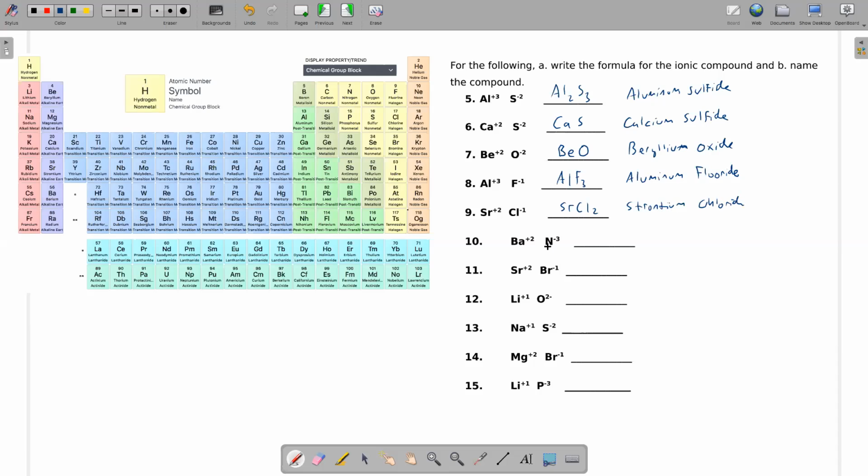And then barium nitride is going to be Ba3N2. And then Sr with Br2 is strontium bromide. It's SrBr2. Strontium bromide.